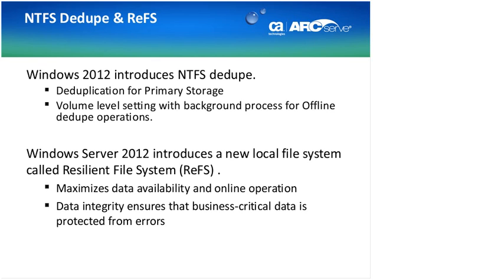Also, in Windows 2012, they introduced a new local file system, which they call the Resilient File System, or in short, ReFS. ReFS provides maximized data availability and online operation. It provides data integrity to ensure that business-critical data is protected from error. It does that together with another new feature in Windows 2012, Mirror Spaces, which can provide data integrity by creating a mirror of your storage.